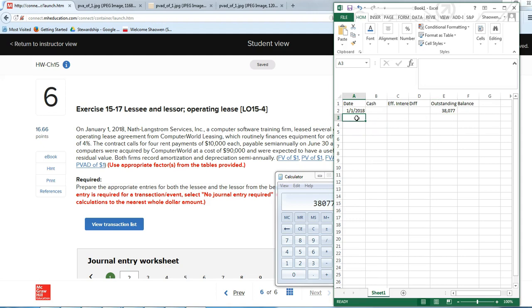And then 6 months later, they start to pay rent. Rental payment is $10,000. 6 months later, the interest is based on previous balance. Semi-annual rates of 2%, half of 4%. The difference will be used to reduce the lease payable.